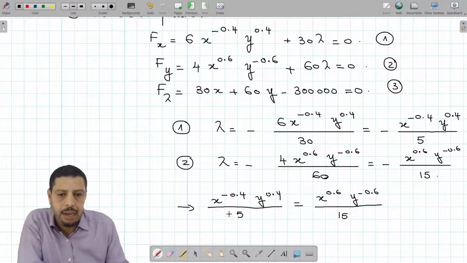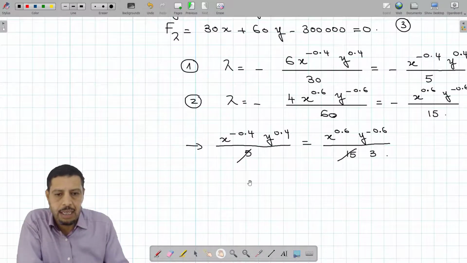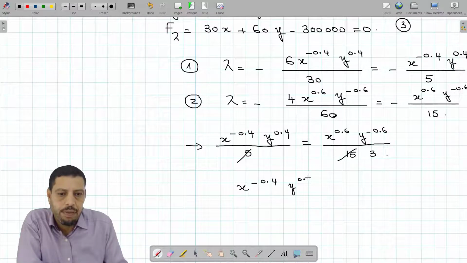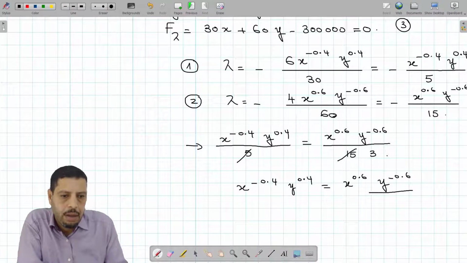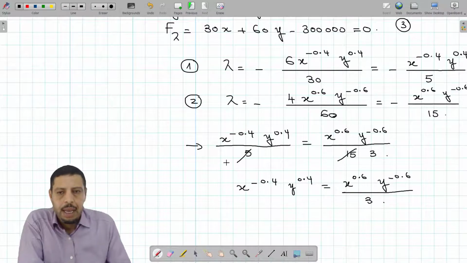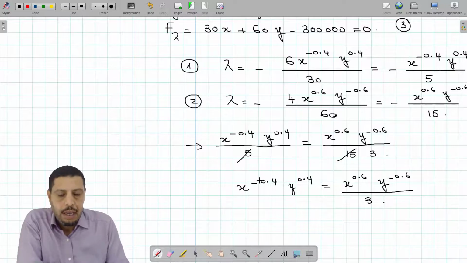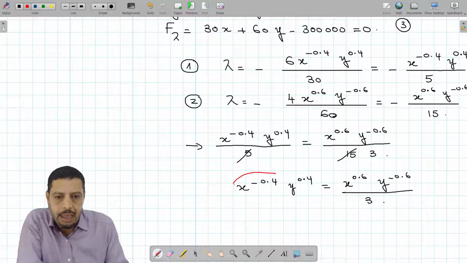And of course, you can cancel the 5 here and the 5 here, and it remains 3. So we can write that x to the power of negative 0.4 times y to the power of 0.4 equals x to the power of 0.6 times y to the power of negative 0.6 over 3.